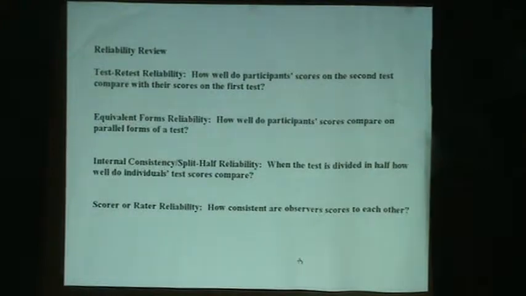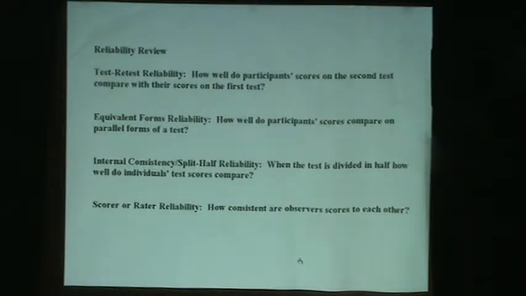Okay, so here are the four types of reliability then. Test-retest reliability: how well do participants' scores on the second test compare with their scores on the first test? If they're very similar, then the reliability coefficient is probably fairly high. Equivalent forms, that's two different tests that are about the same in their degree of difficulty, but the questions are different.